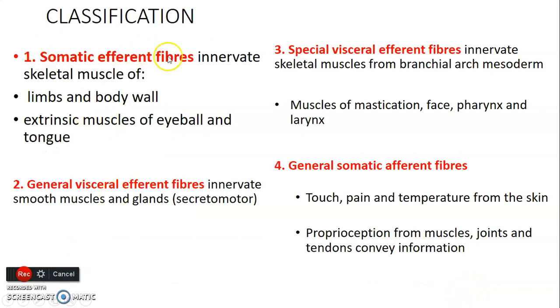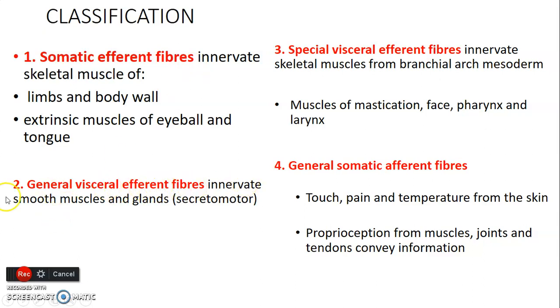So we have somatic efferent fibers. These will innervate skeletal muscles from the limbs and body wall and extrinsic muscles of the eyeball and the tongue. So those are somatic efferent. Remember this somatic efferent is not divided into general and special, so it remains as it is. Then general visceral efferent.